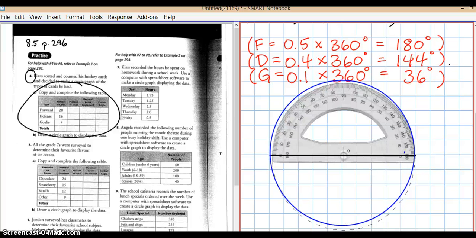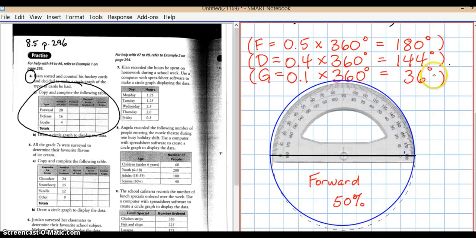Now I'm going to say already that this part is going to be forward cards. Going back to our original calculations, that represents 50% of the total. You always label your circle graph sections with the percent of the total it represents.